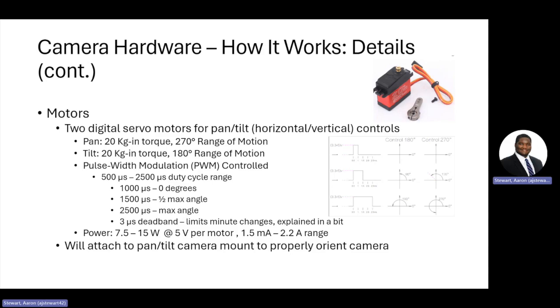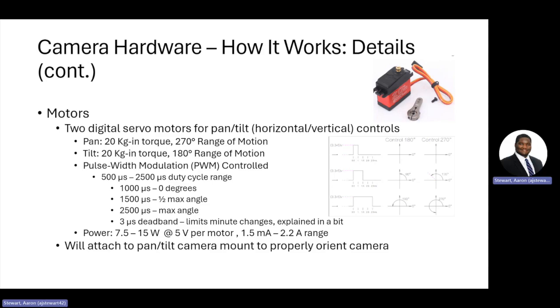These work off of pulse width modulation, so you send it a signal, and the duty cycle of that signal, or pretty much how long it's on for, or how long it's high at 5 volts, will tell the servo what position to turn to due to its internal encoder, internal potentiometer, and feedback system.